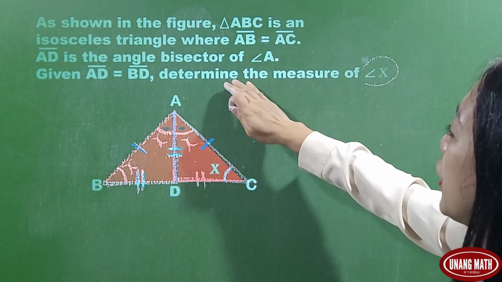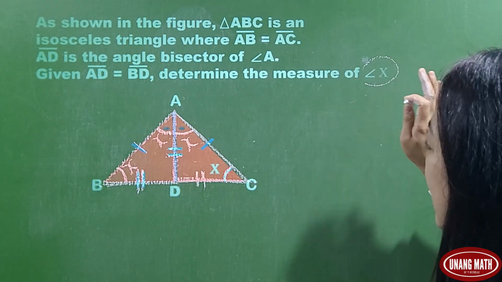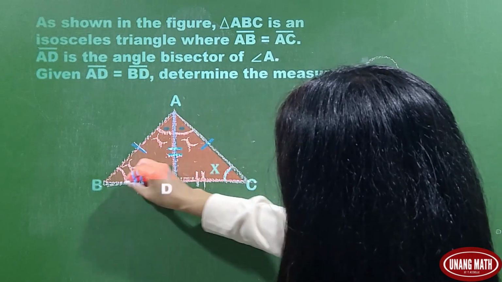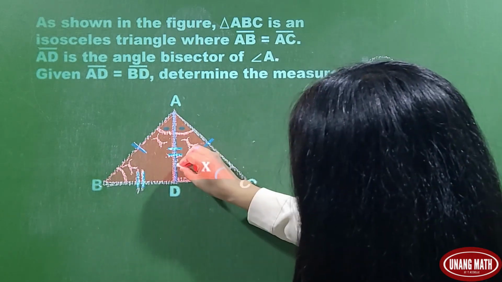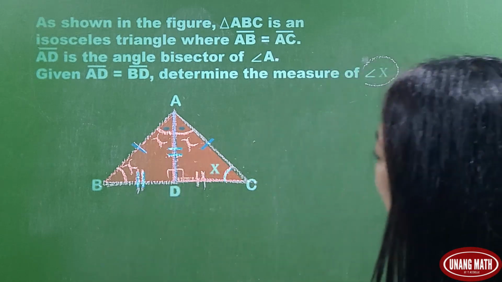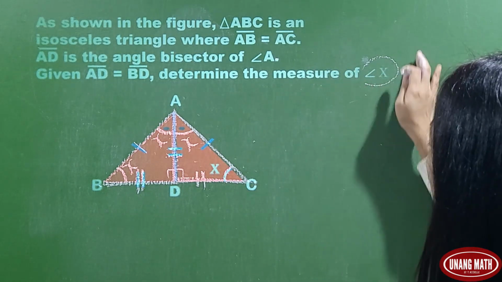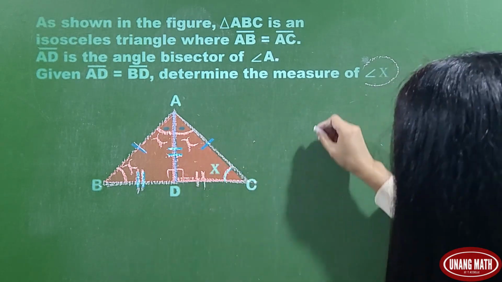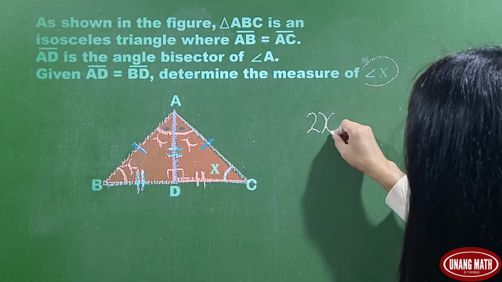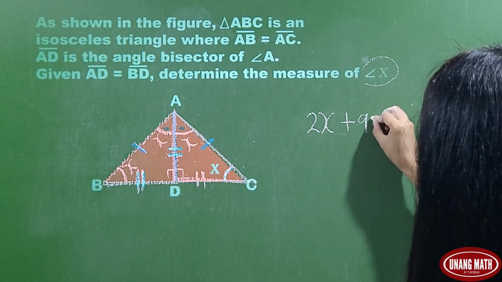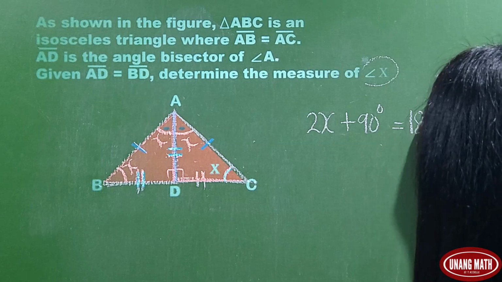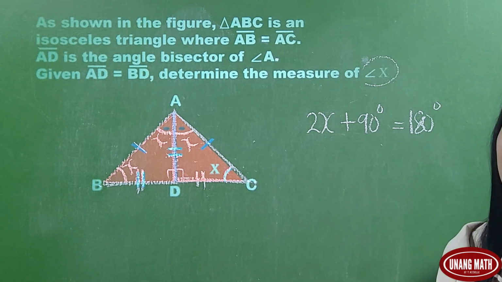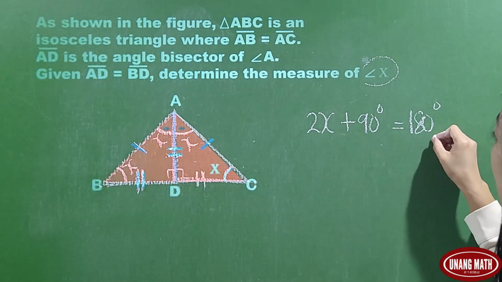Now we will determine the measure of angle X. Again, segment AD is perpendicular to segment BC, so this is 90 degrees, or a right angle formed here. To find the measure of angle X, we have X plus X plus 90 degrees, so 2X plus 90 degrees is equal to 180 degrees, because the total measure of the interior angles of any triangle is 180 degrees.